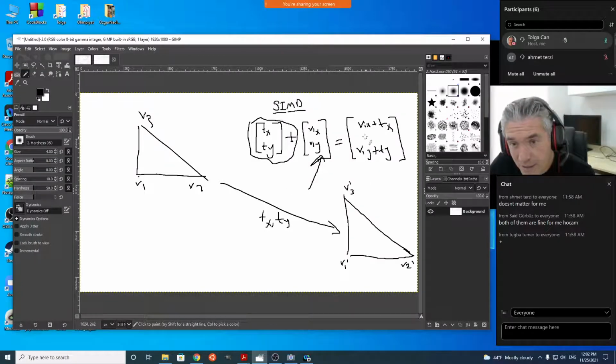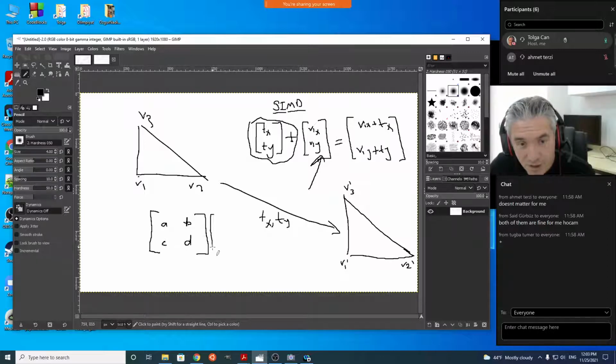As you can see, something is added with tx, it's not multiplied. In matrix multiplication, for example, if you have a 2 by 2 matrix like this, a, b, c, d, and you multiply it with v1x and v1y, each row here is like a recipe.